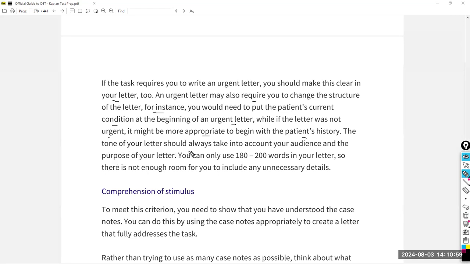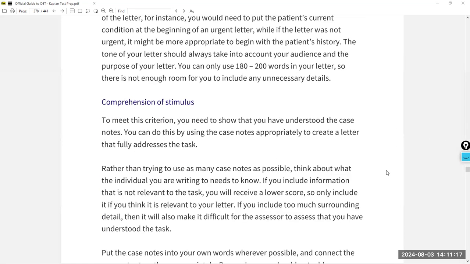The tone of your letter should always take into account your audience and the purpose of your letter. You can only use, as I told you, this amount of words, so there is not enough room for you to include any unnecessary details.